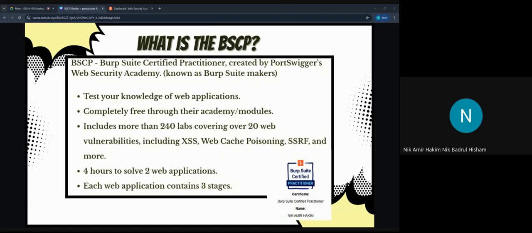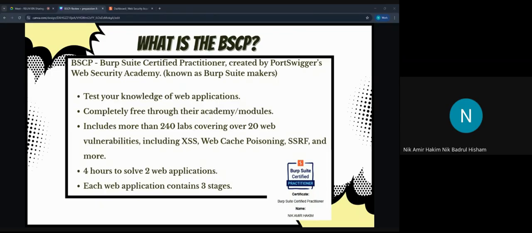And for this module, it's completely free. So you can go through their module and their learning without paying any fees. For this one, BSCP or Web Security Academy, they offer up to 240 labs, covering more than 20 web vulnerabilities such as cross-site scripting, web cache poisoning, SSRF, SQL injection, and many other web vulnerabilities.